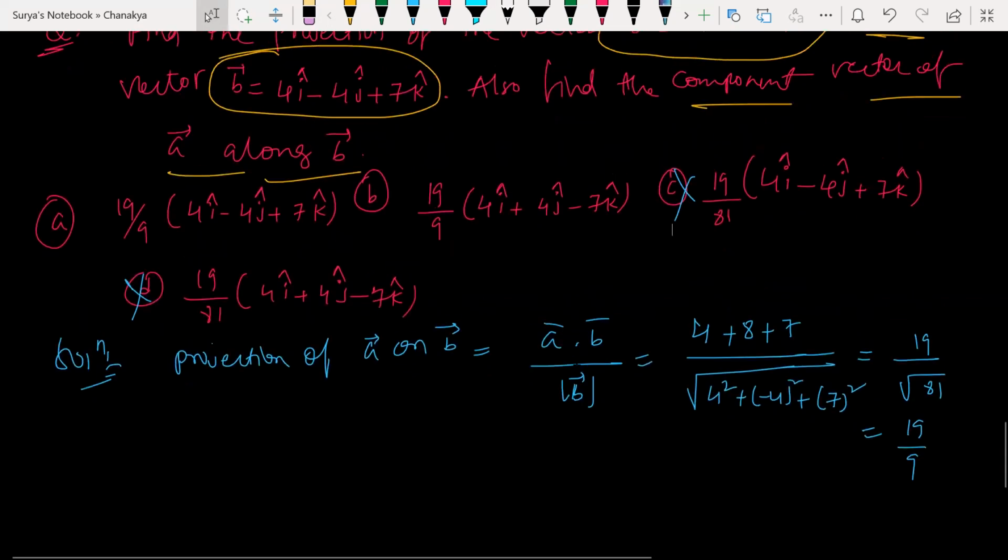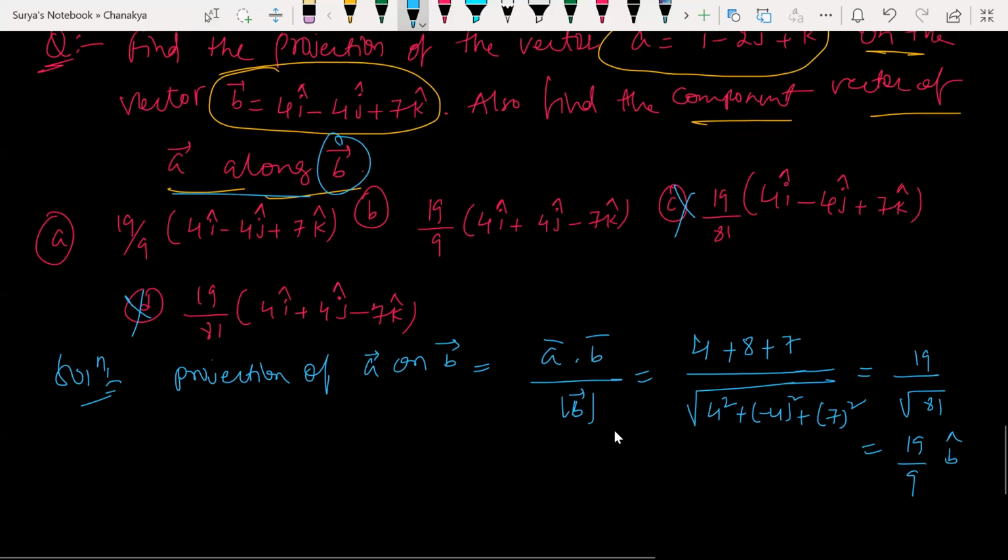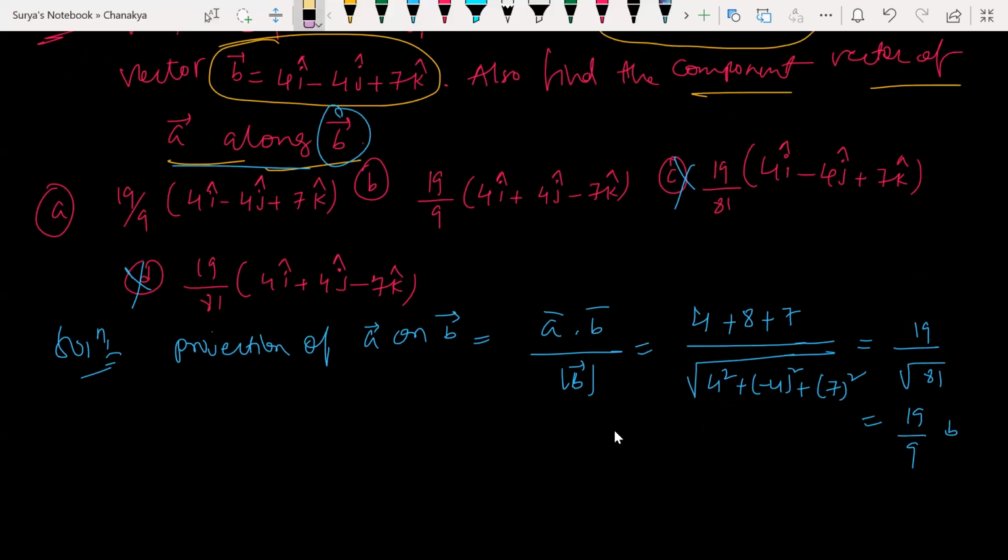Guys, look at this, what he is giving, and also find the component vector of A along B. A along B is nothing but B cap. Okay, I found, look at this here, component vector of A along B is nothing but what?